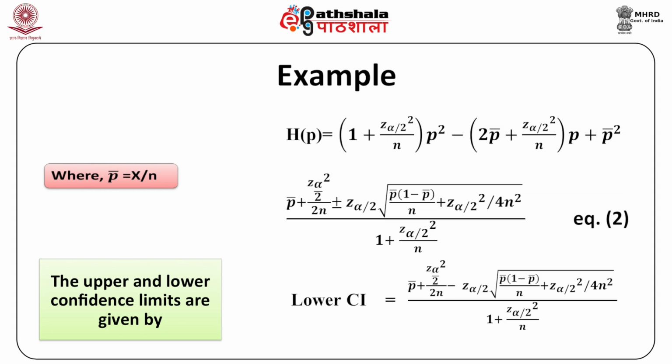H(p) is a quadratic equation in p. Thus, by solving the quadratic equation in p, we can calculate those values of p for which the expression is less than 0.